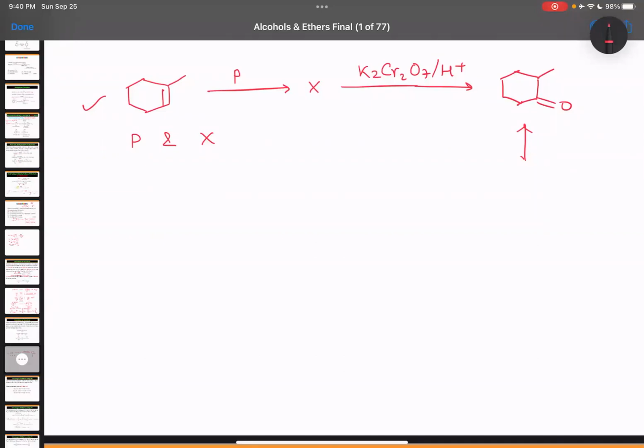Where should the OH be, because this is oxidation? Your OH should be at this place only, where you have the double bond O. So this is where the OH should be. And from now the whole thing comes. So this is X. And now you need to tell me what the reagent P is.